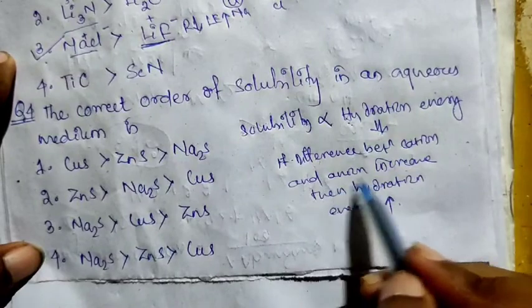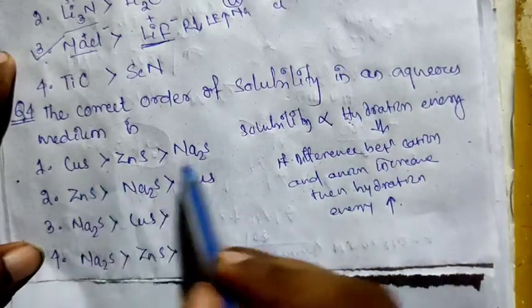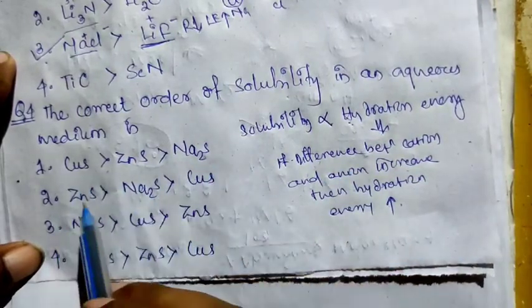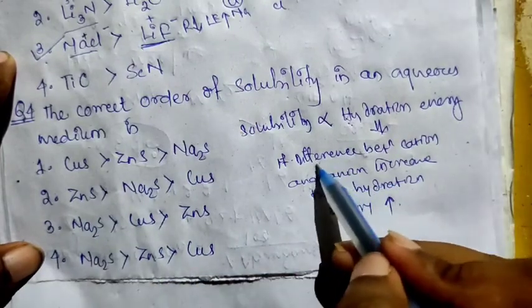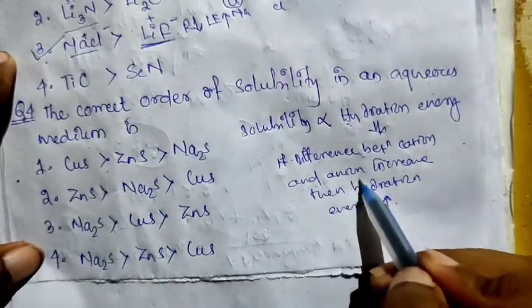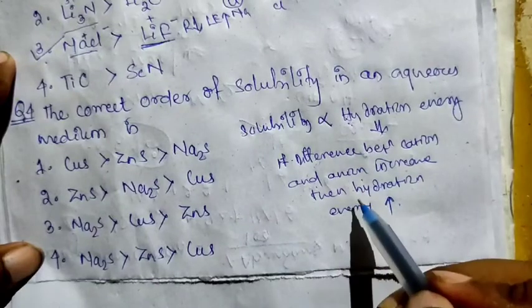So we have to check which of the following compounds has more cation and anion radii difference.